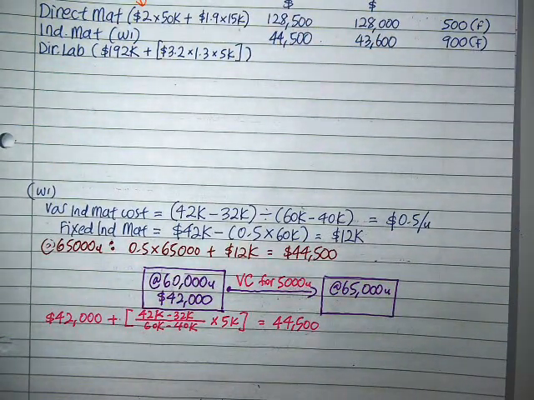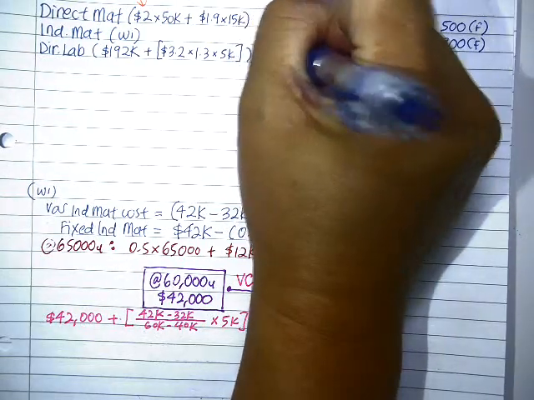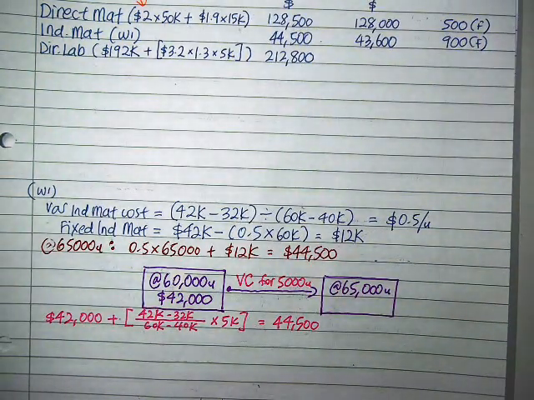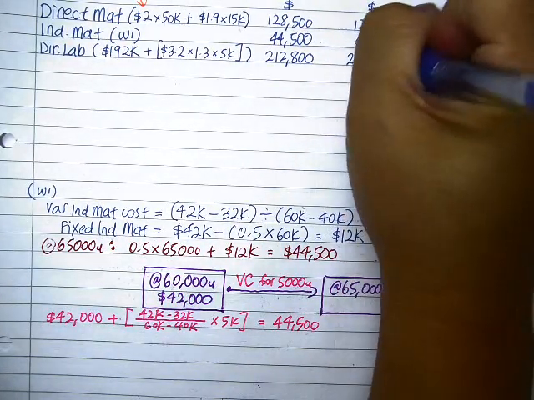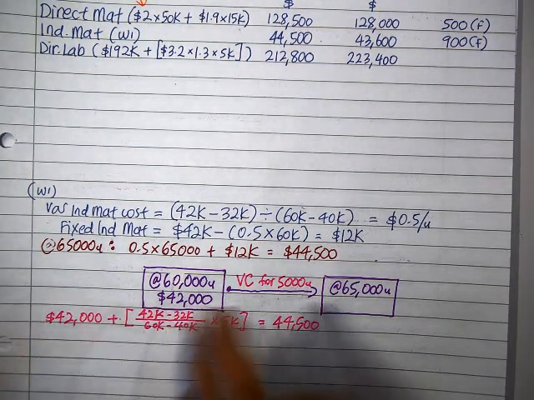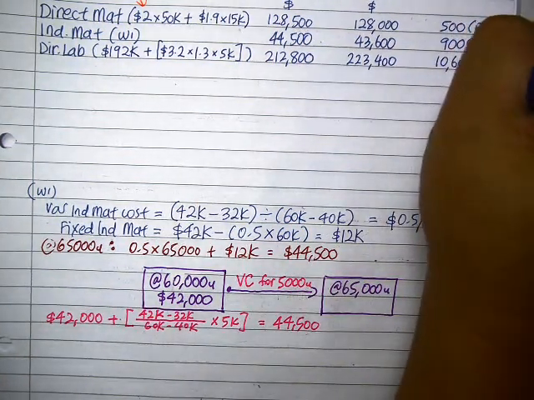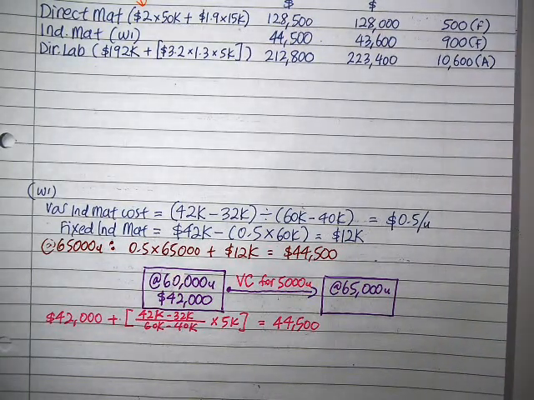So 3.2 times 1.3 times 5,000 plus 192. The cost is 212,800. And the actual amount is 223,400. Now this time your actual cost is higher, so this is adverse, okay?